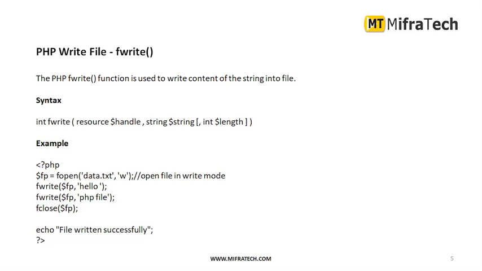Fwrite, fp, PHP file, it will be written as hello and PHP file. Fclose, the file has been closed successfully. Now echo, file written successfully. If we have written content, some output must be shown. Or we can open the file using the fopen file open command to see the file. Here we have just written to a file, so we have to display some output, file written successfully.